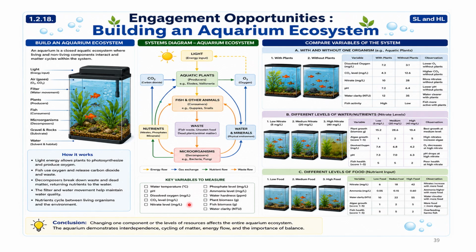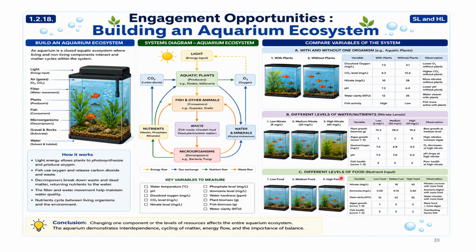For example, removing aquatic plants lowers dissolved oxygen, increases carbon dioxide and nitrate levels, reduces water clarity, and decreases fish activity. Similarly, excessive nitrate concentrations or overfeeding stimulate algal blooms, reduce oxygen availability, and negatively affect fish health.